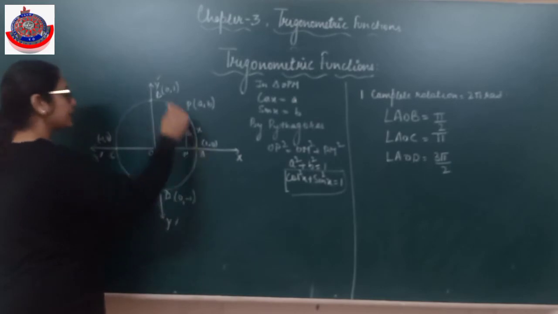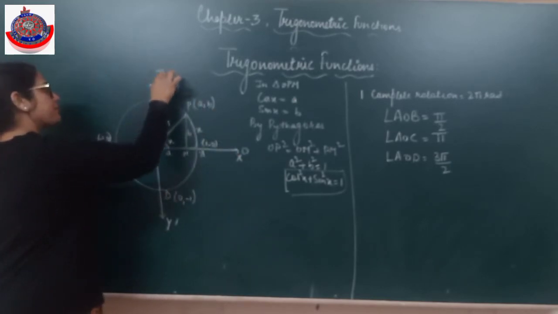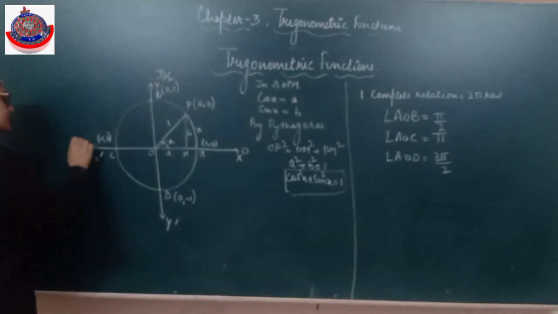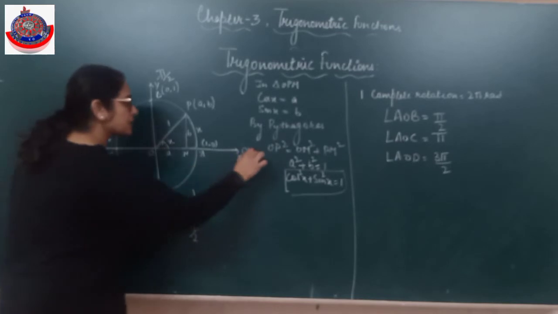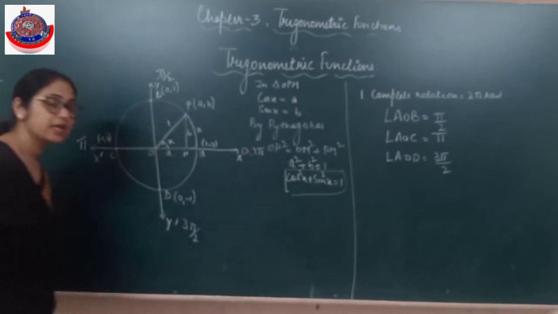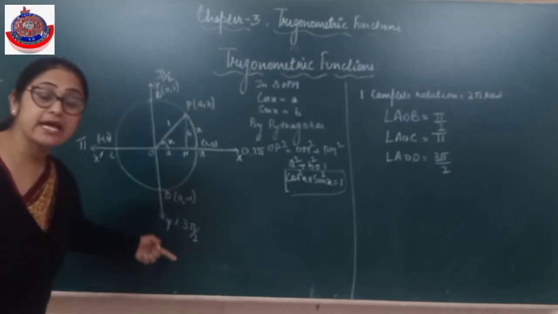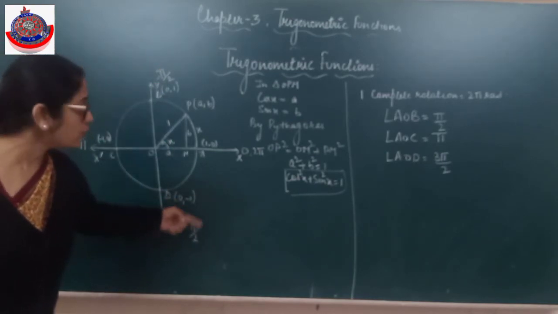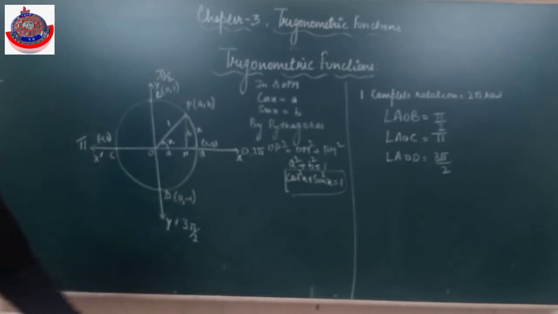Alright, and if you see all the angles, now here, if we talk about the vertical line, this is the angle we started from 0. This is pi by 2. We got pi, and this is 3 pi by 2, and when I come back here, I get 2 pi. Clear? The angles on the tip of the vertical line are the multiples of pi by 2, and the angles on the tip of the horizontal line are the multiples of pi.